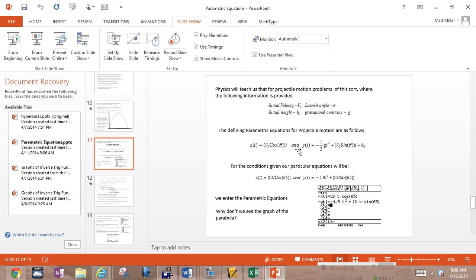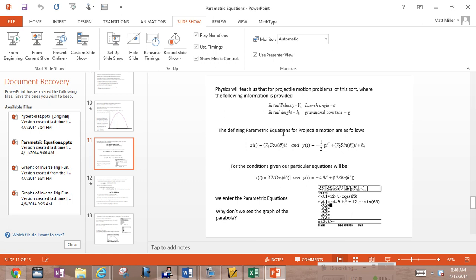The components that go in there are the initial velocity, the cosine of the launch angle, the sine of the launch angle, h sub 0, the original height, which at ground zero is 0, and the gravitational constant, which is 32 feet per second squared if you're using feet, or 9.8 meters per second squared in metric.